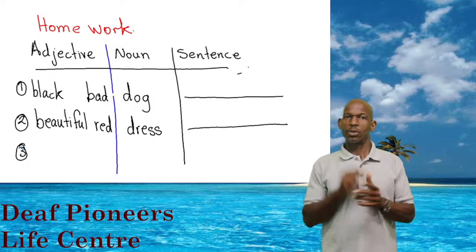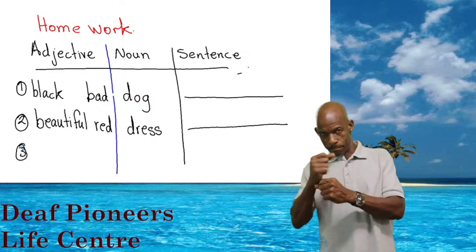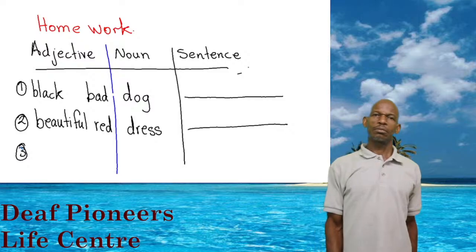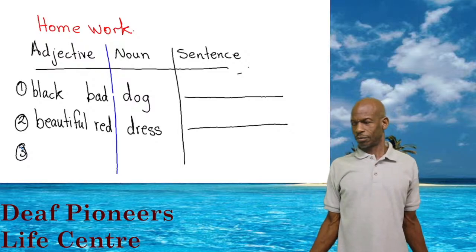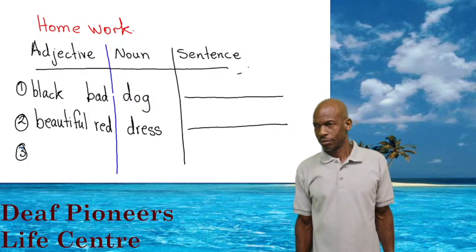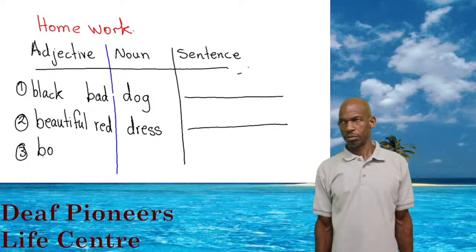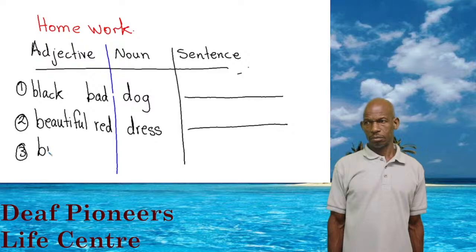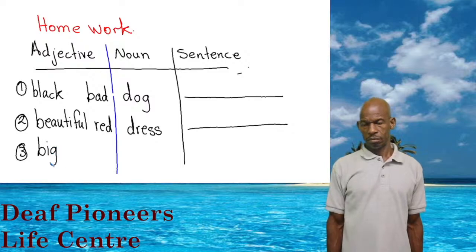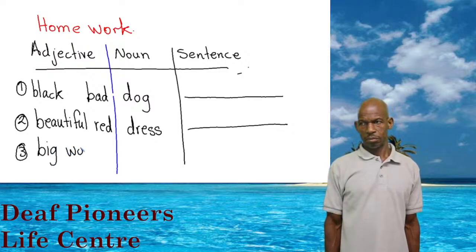I have, let's look at a big, sorry, I put in, big wooden. That means it is made out of wood, wooden. Desk.